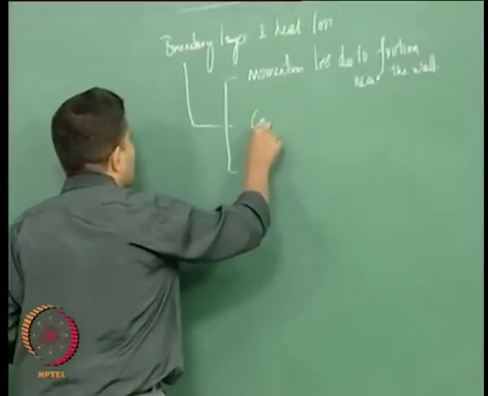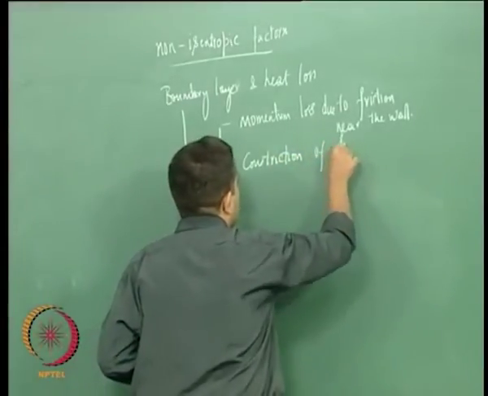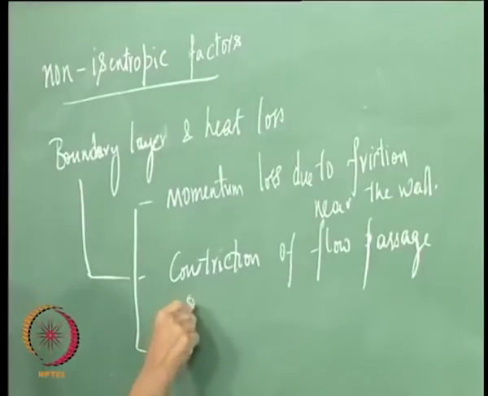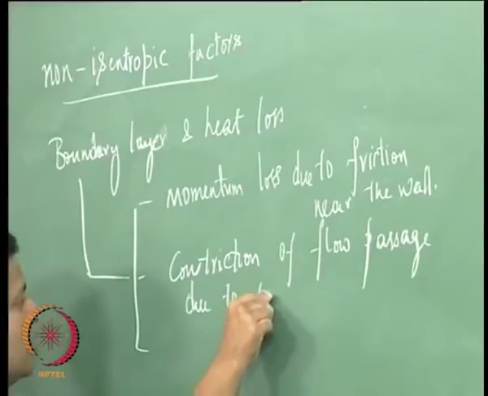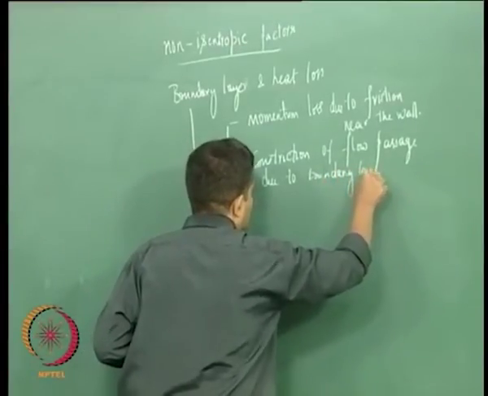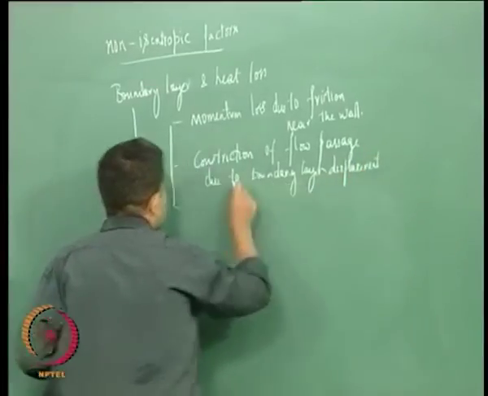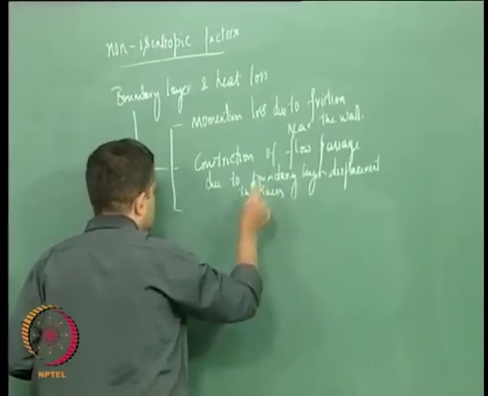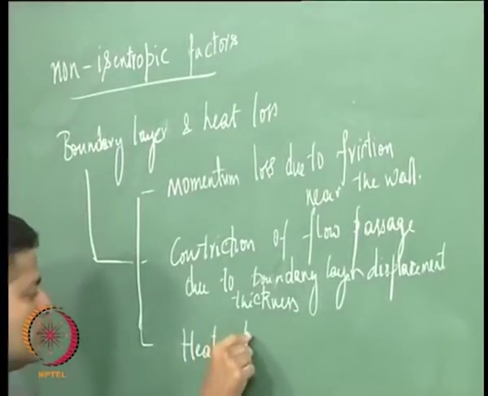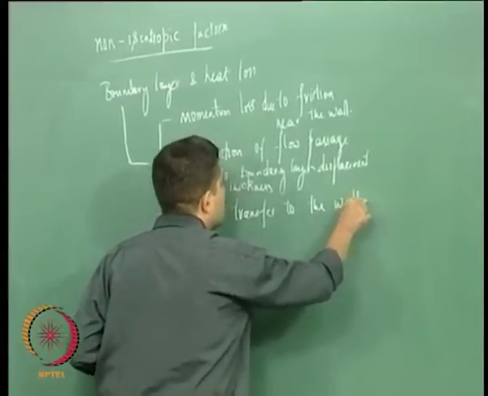So, constriction of the flow passage due to boundary layer displacement thickness, and lastly heat transfer to the wall.